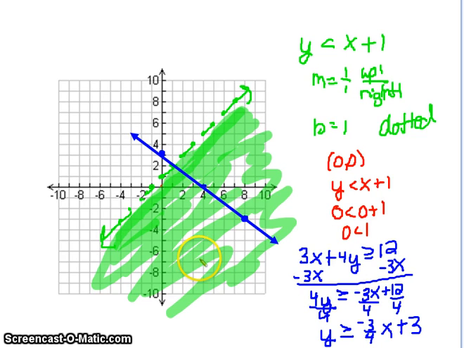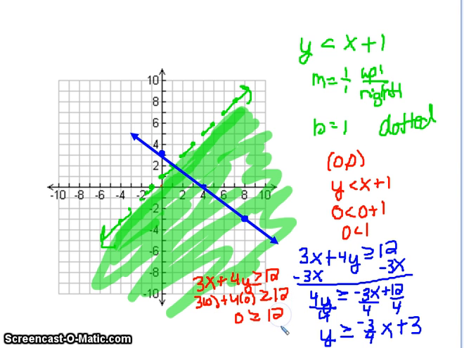And I have to check. If I plug in to our original inequality, oops, sorry, I'm about to run out of time. I have 3x plus 4y is greater than or equal to, not 0, 12. And so 3 times 0 plus 4 times 0, I hope we're all saying in our head, is 0.